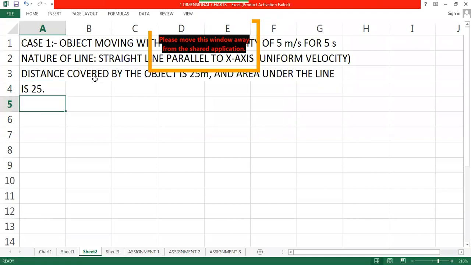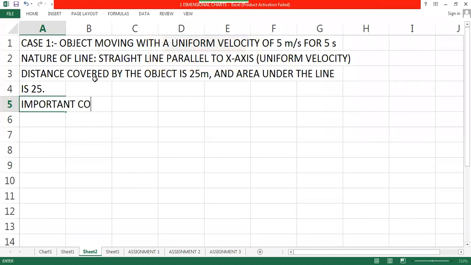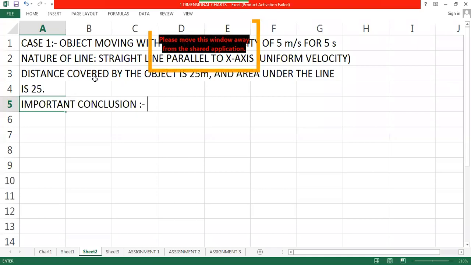Yes, Avni, that's correct. So what we can conclude from this? Write down a very important conclusion. Please write down all these facts and figures, beta. We observe that the distance covered by the object is also 25 and the area under the line is also 25. So what can we conclude?